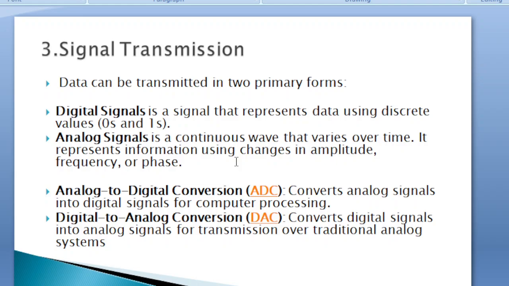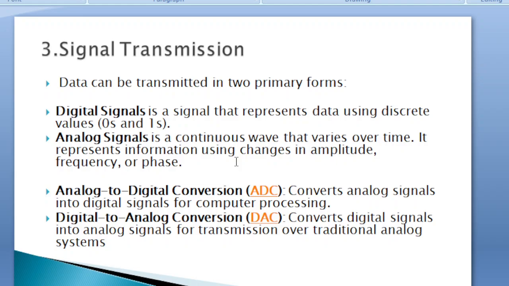Next, signal transmission is another function of the physical layer. In signal transmission, the physical layer is responsible for how the signals travel through a medium, and they can be transmitted in two primary forms: digital signals and analog signals.